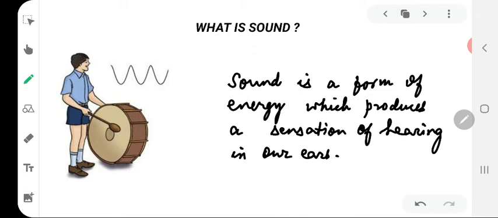We know that we have different sense organs in our body, and one such sense organ is the ear. So perception of any type of sound is possible due to the working of this particular sense organ. So sound is a form of energy that produces a sensation of hearing in our ears.